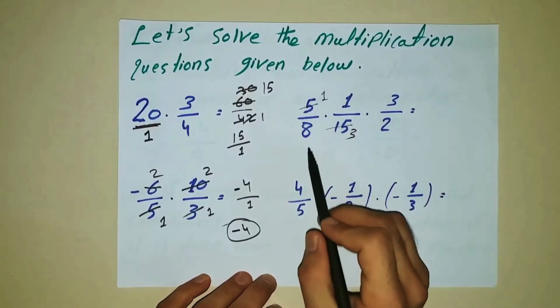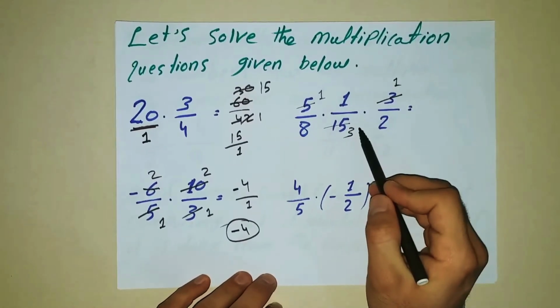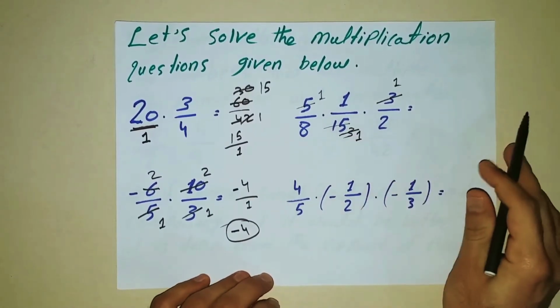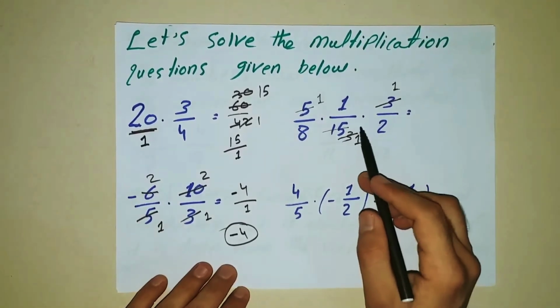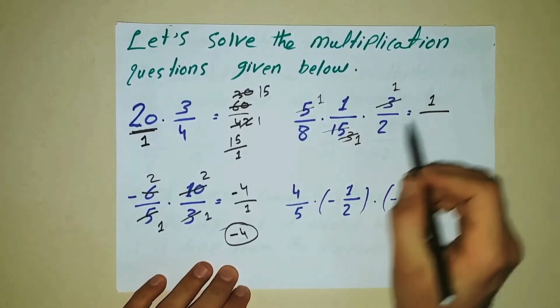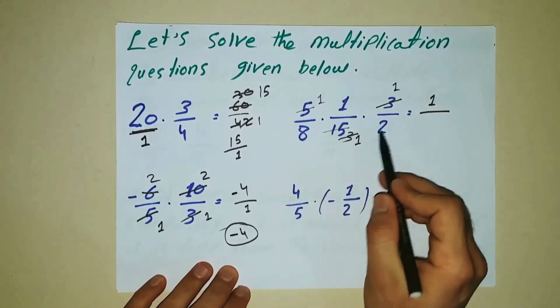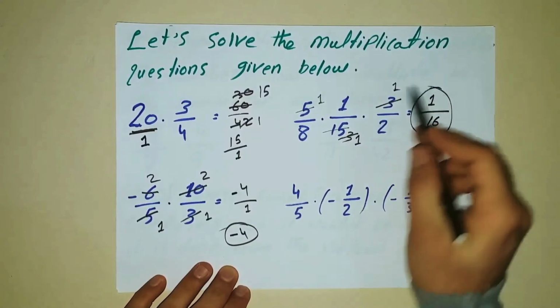Now these 3s can also be simplified with each other. 3 1s are 3, 3 1s are 3. So now I can multiply them. Now it will be easy for me. 1 multiplied by 1 multiplied by 1 will give me 1, and 8 multiplied by 2 multiplied by 1 will give me 16. So our result is 1 by 16.